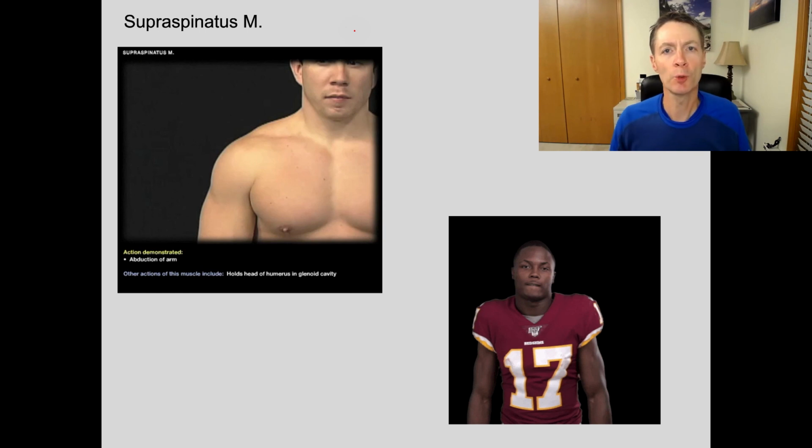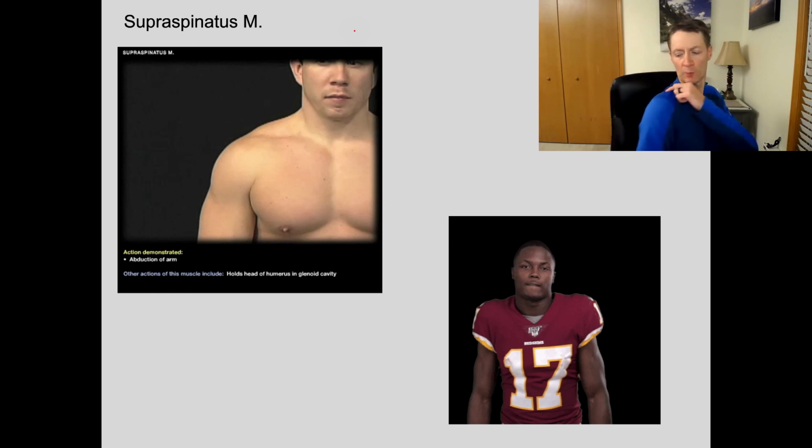Last one is supraspinatus. Supraspinatus kind of wiggles its way out underneath the acromion from above the spine. Supraspinatus, big surprise. And it attaches out here on the outside of the humerus bone. It's going to have an assisting effect as the deltoid does. The deltoid is much bigger.